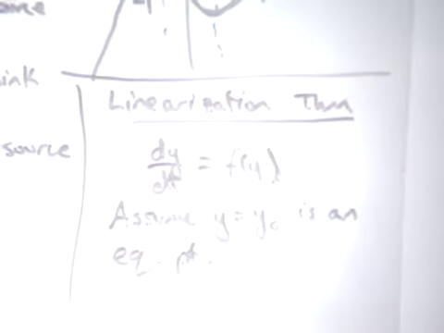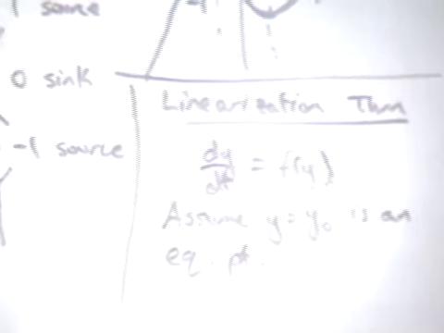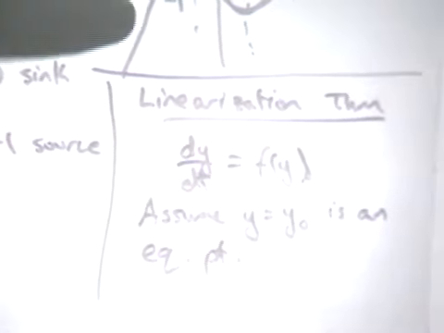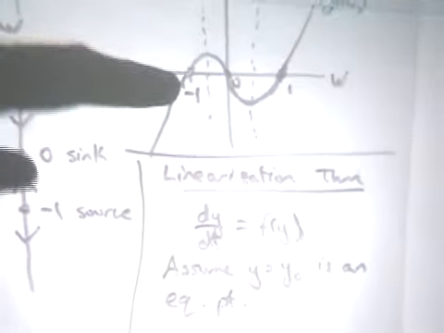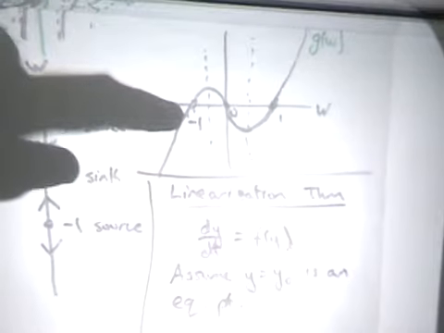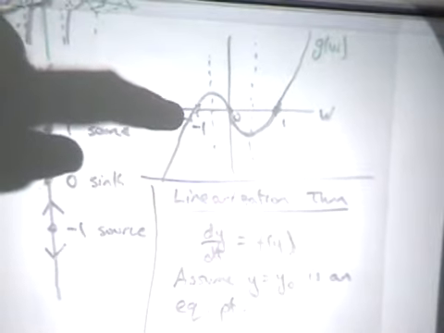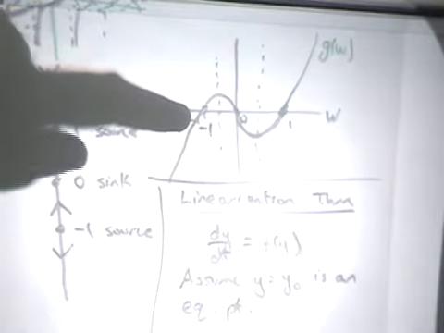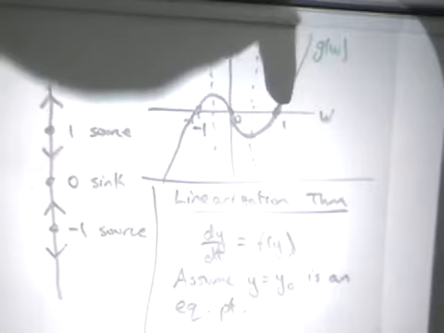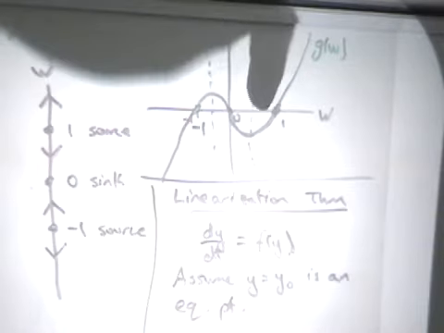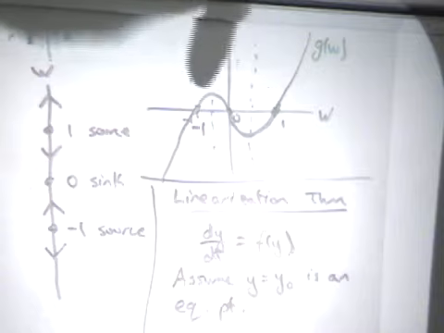The idea here with the linearization theorem is to use the derivative of the right-hand side to help us decide. If the derivative at this equilibrium point y0 is positive, based on this example, we might hypothesize that that equilibrium point is going to be a source. Why? Well, because this -1 and the positive 1 were sources, and they corresponded to places where the right-hand side had a positive derivative.